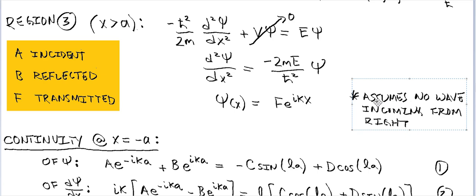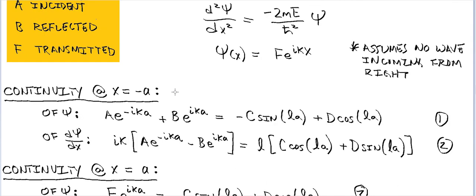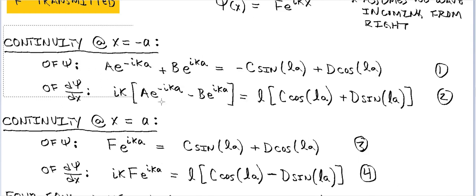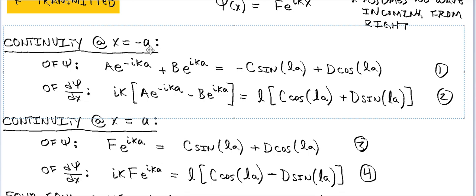The structure here is that we are sending this wave in from negative infinity towards the origin, and some of it transmits, some of it reflects. We're not sending something in from plus infinity towards the well. And again, we'll impose continuity at minus a.